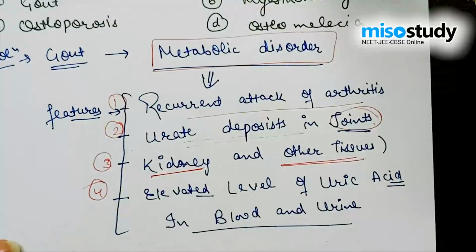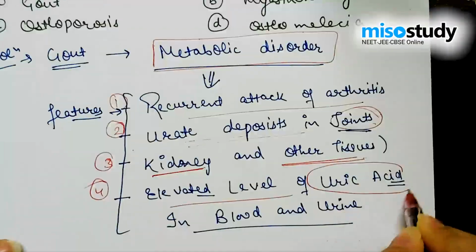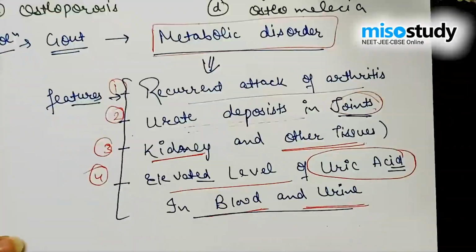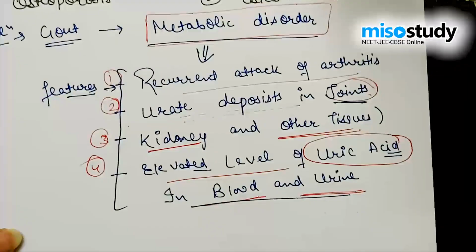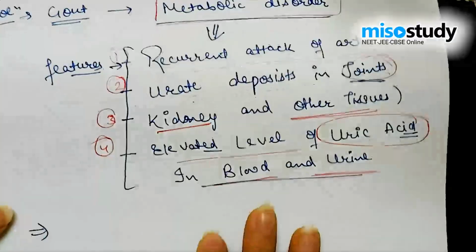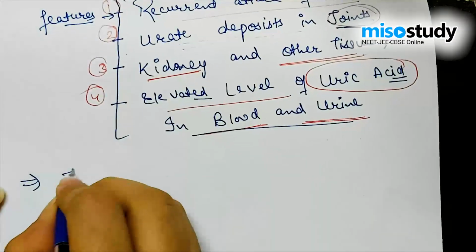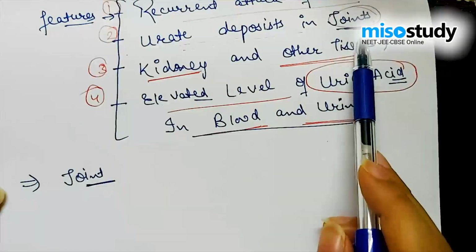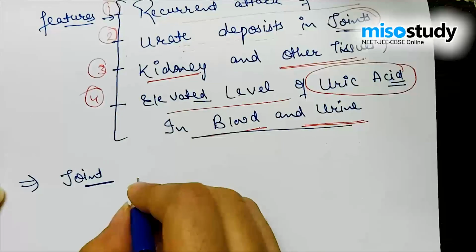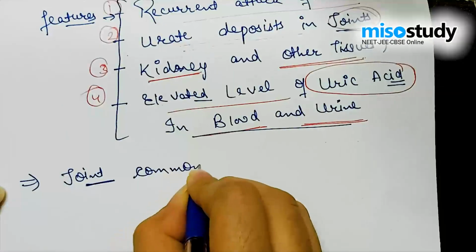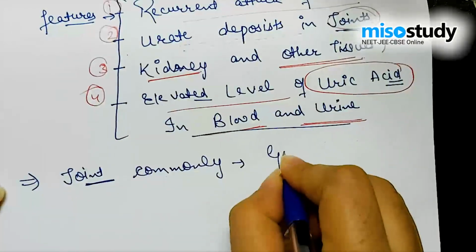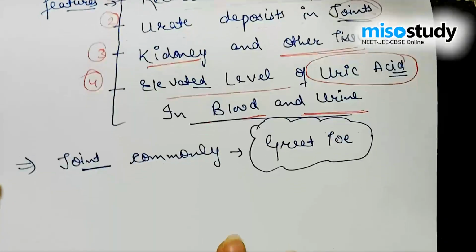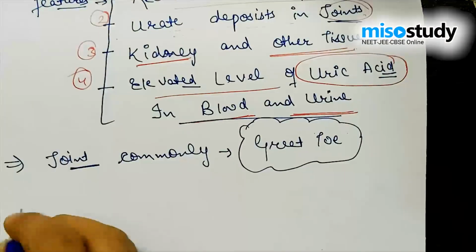The last one is an elevated level of uric acid in the body, generally found in the blood and urine. The joints most commonly affected are those of the great toe.